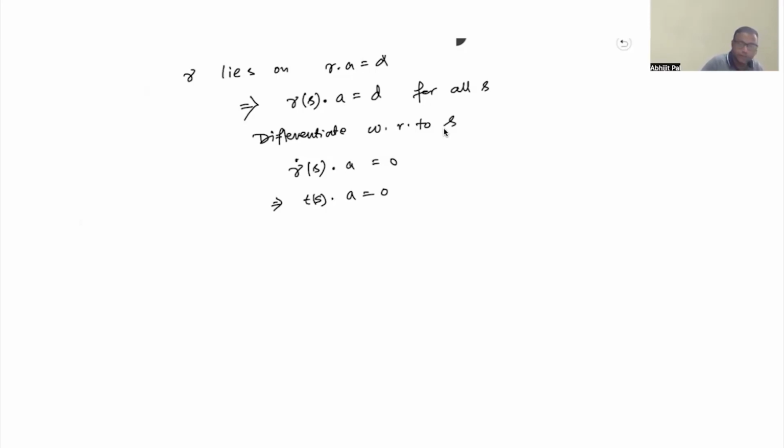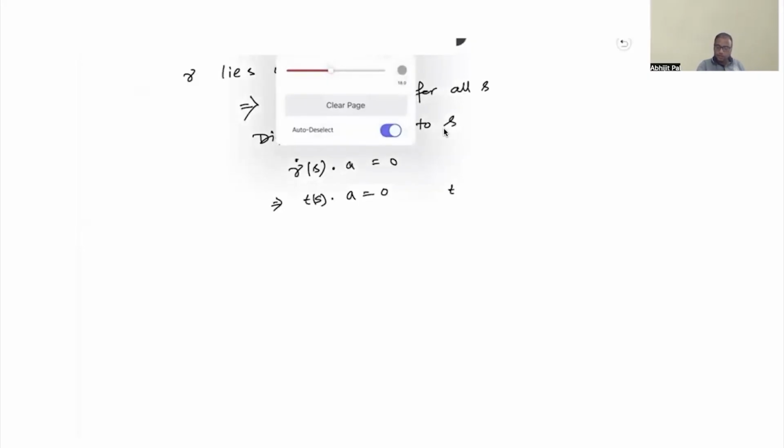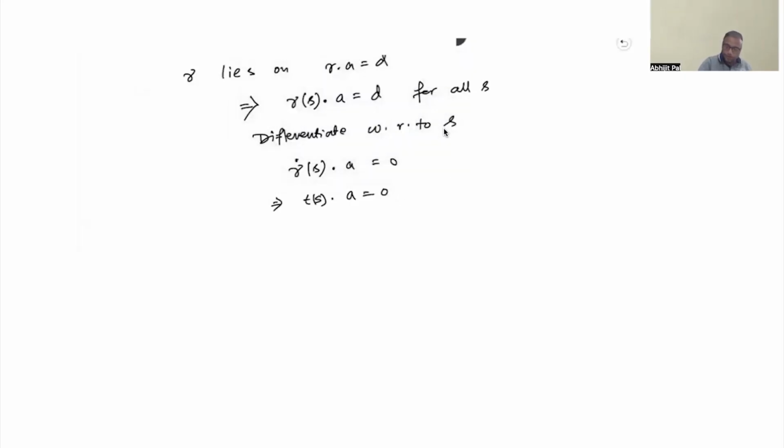Again, if I take the derivative of this, we get 0 again.